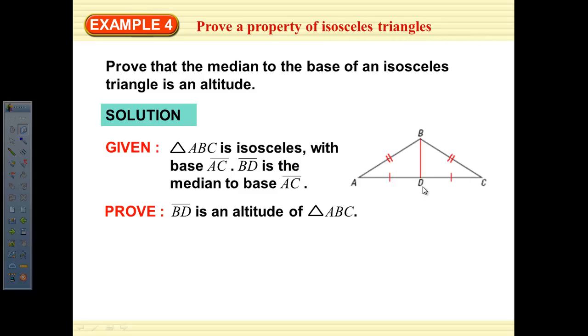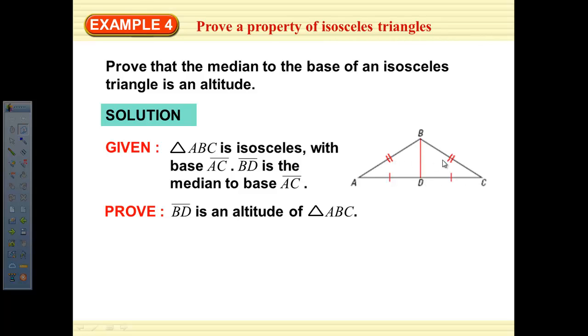So right now, what we can state is we can state AB and BC are congruent by definition of isosceles triangle. We can state that AD is congruent to DC because of the definition of a median. We can also state that BD is congruent to BD because of the reflexive property.